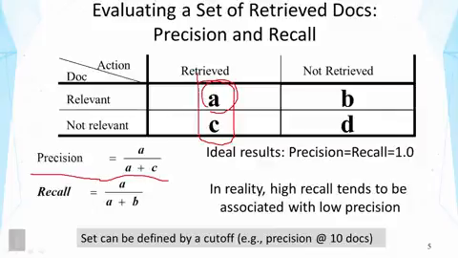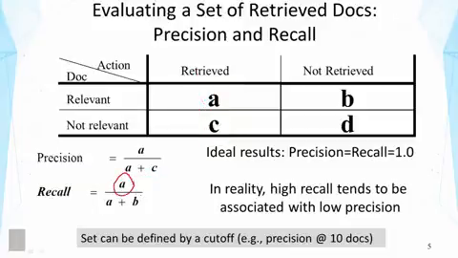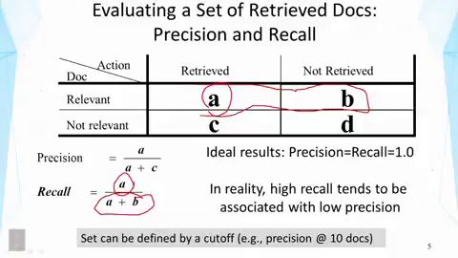Similarly, recall is defined by dividing A by the sum of A and B. So that's again, to divide A by the sum of the row instead of the column. Right? So we can see precision and recall are all focused on looking at the A. That's the number of retrieved relevant documents. But we're going to use different denominators.